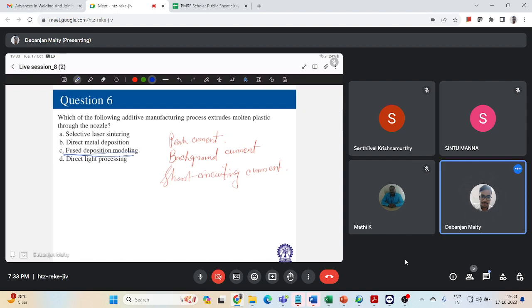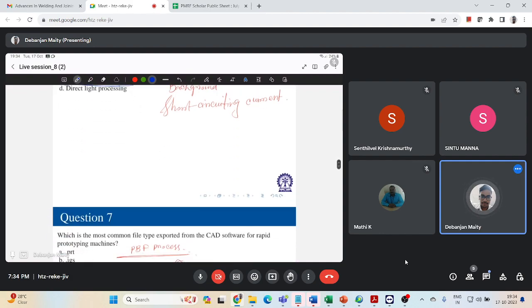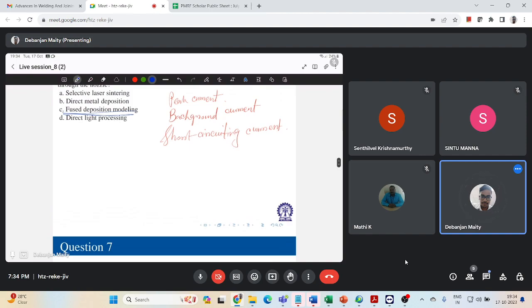If I also draw a schematic, that will be better.